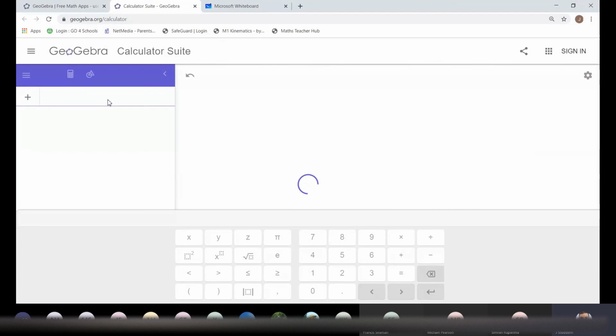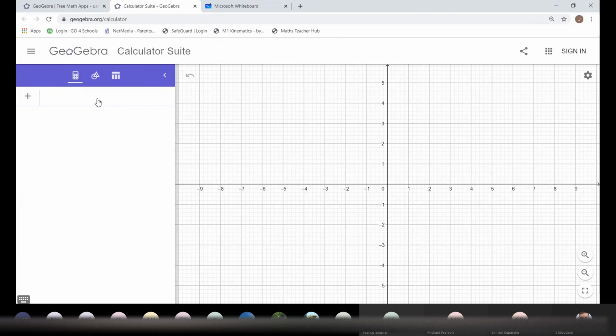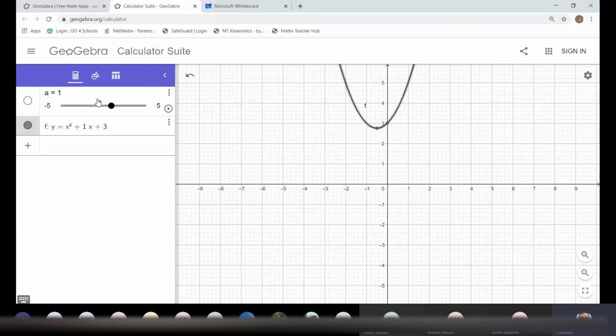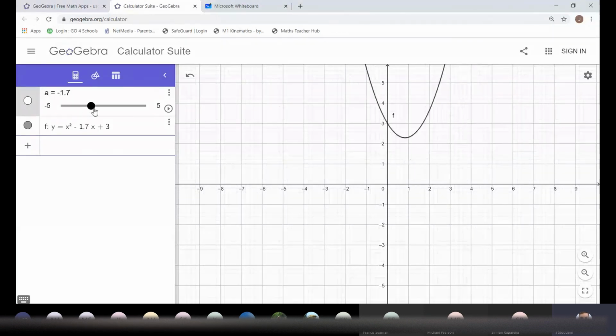Now, interestingly, I might just reset this because I've got quite a lot going on there. If I was to say y equals x squared plus ax plus 3, this time my slider is controlling the coefficient of x.